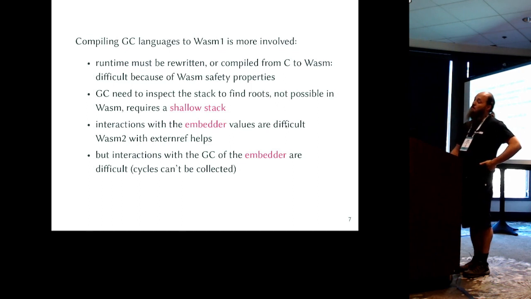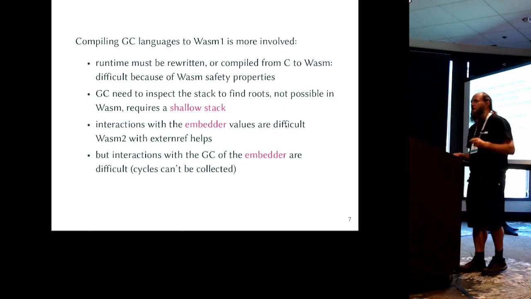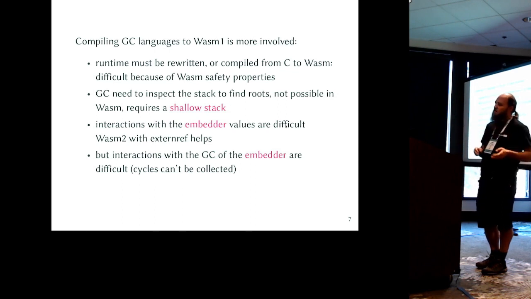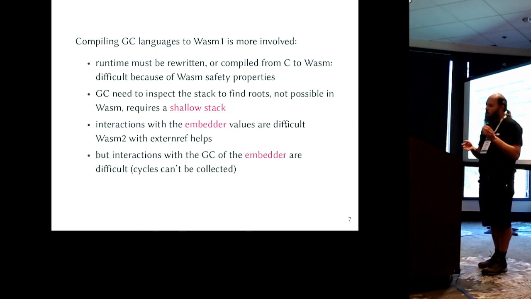But if you want to compile OCaml or SML or any garbage collected language, then that's going to be more troublesome because you need to keep track of your roots. And keeping track of roots, you can either do that in a shadow stack, or you can do some other tricks that are a bit more complex, but you can't inspect the WebAssembly stack.